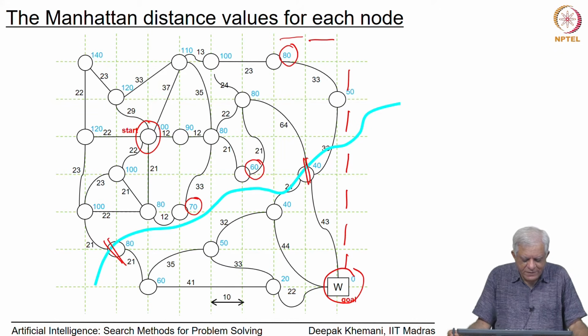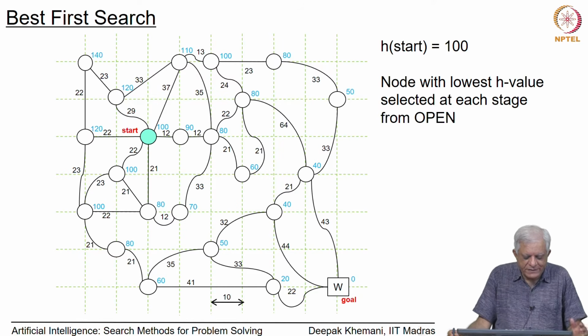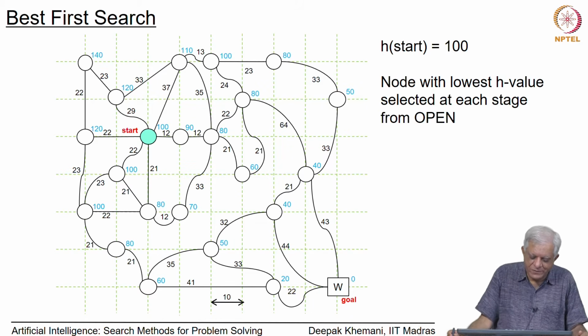So, this is a graph that we are going to be working with, and I removed the labels from the nodes, and instead we will use the f values, which is what the algorithm uses for picking a candidate from the set of candidates or the open list. But first we start with best first search, and best first search uses the h values, and the h values have already been labeled here.